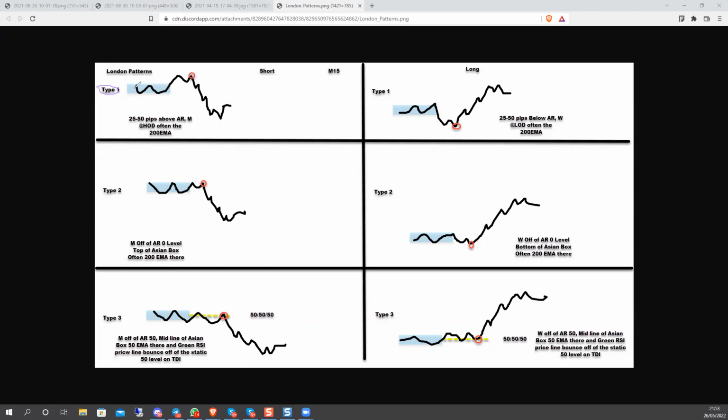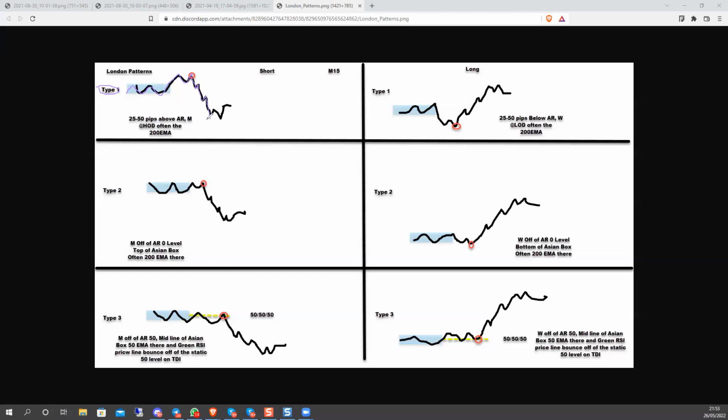So we see price ranging during the night like this. Then price stop hunts above for a sell, a false move in the wrong direction, an inducement to make an M formation. And then we look to enter on a candle pattern on the second leg, push down, push down, push down.